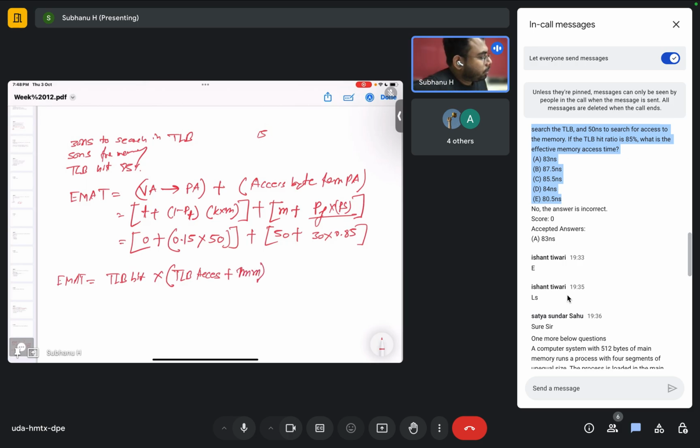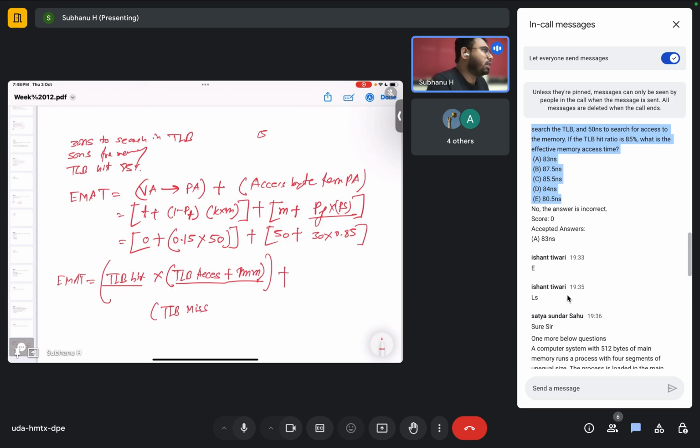So 50 memory address is TLB hit ratio, which is yeah. So okay, yeah. So we have to add this before adding this one. TLB access plus main memory. Okay. Plus we have TLB miss.